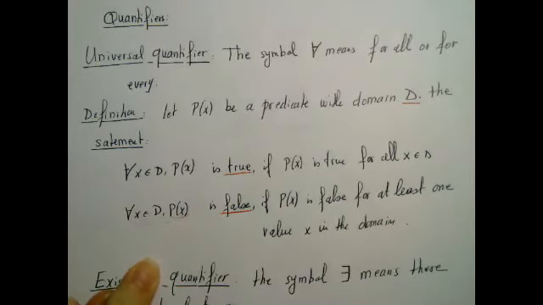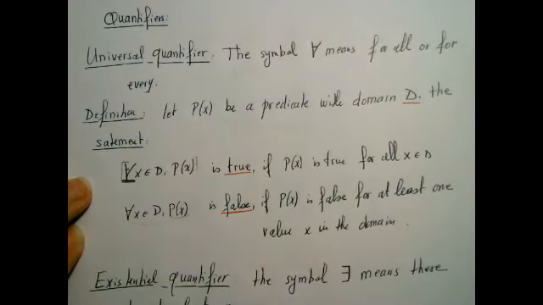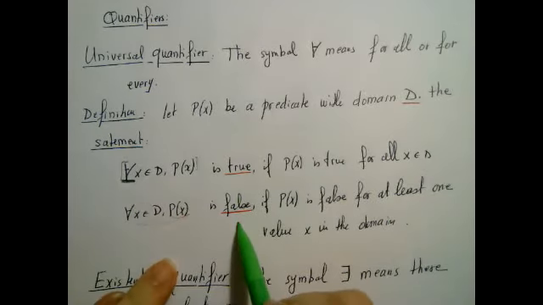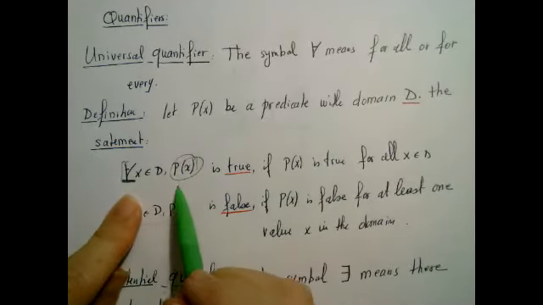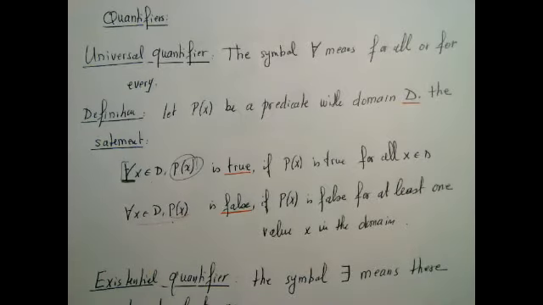P of x by itself is not a statement because there is a variable. But when I put a quantifier in here, now I am creating a statement, because I'm creating a sentence which is true or false. It's true if any x in here makes it true. False if one of them makes it false, the whole thing is false. Okay, so that's our first quantifier, called the universal quantifier.